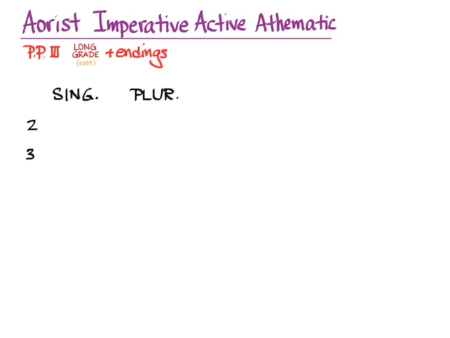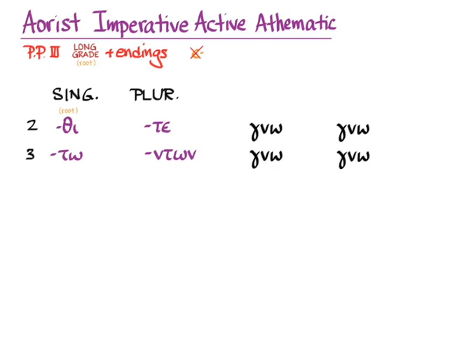Let's move on to the aorist imperative active. So here we're doing a root aorist version of the imperative, and that means we're going to take off the augment, and we're going to use these endings, which you've seen before with estane and for histemi, and we're going to use the long grade and add those endings.